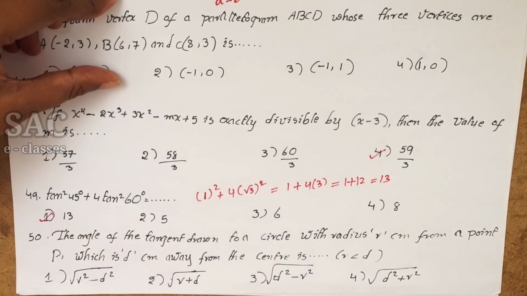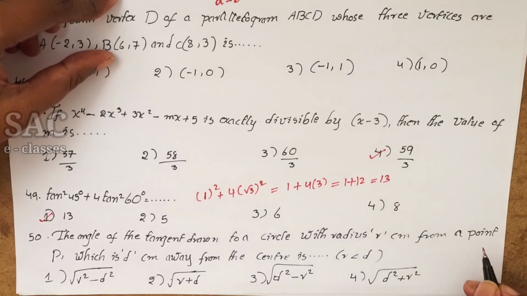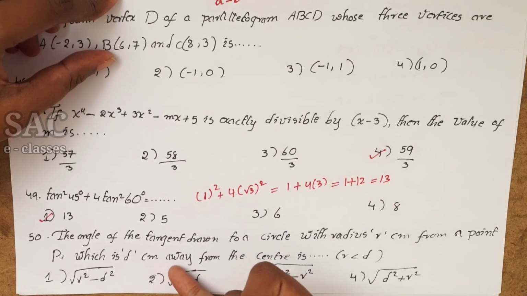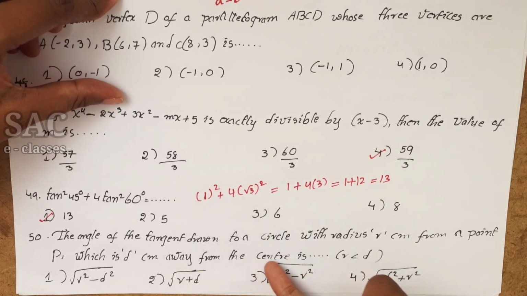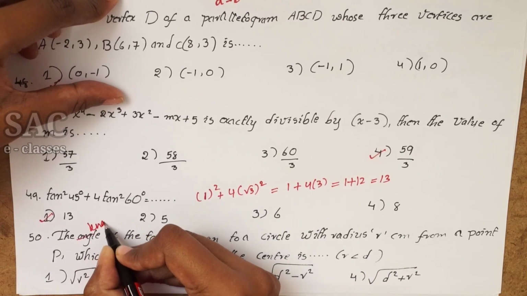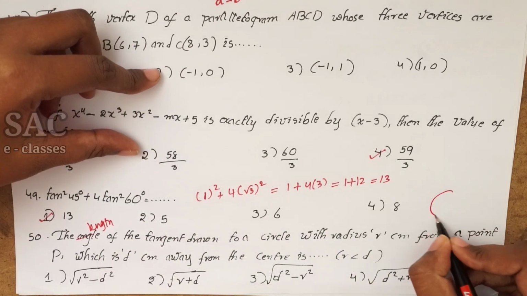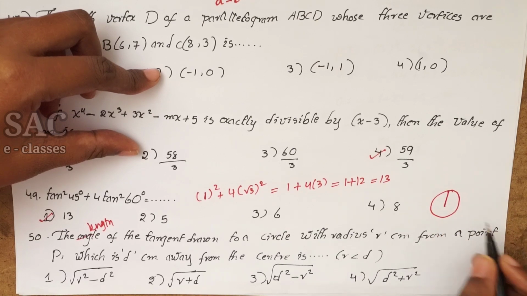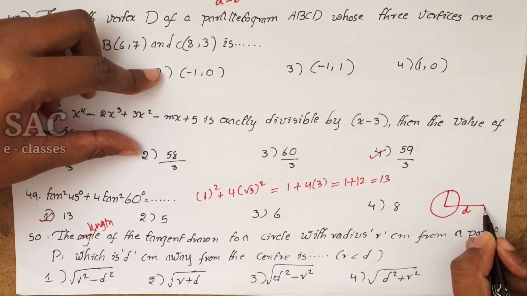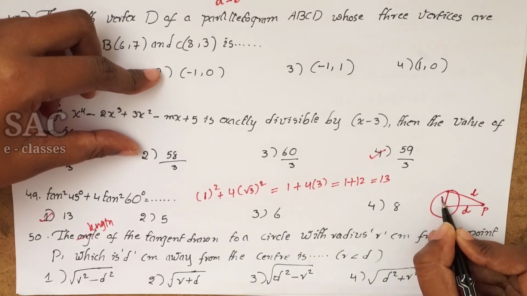Now coming to the length of the tangent drawn to a circle with radius r from a point P which is d centimeters away from the center. Let us think the length is l and the radius is r.